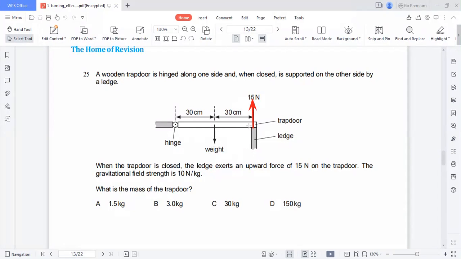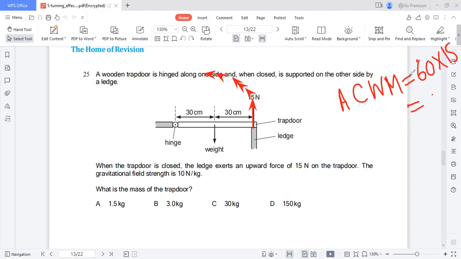So it can give us an anti-clockwise moment, 30 plus 30 is 60, 60 times 15. Oh sorry, it is an anti-clockwise moment. So it is 60 times 15, so it is 900.